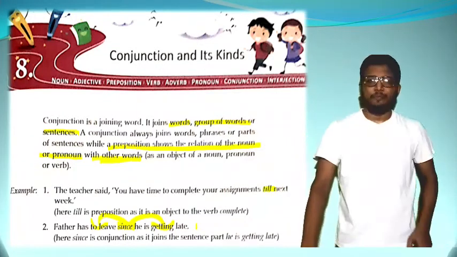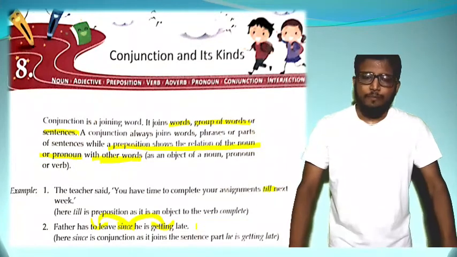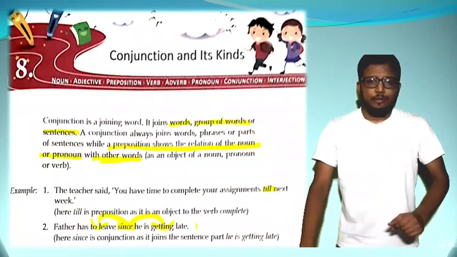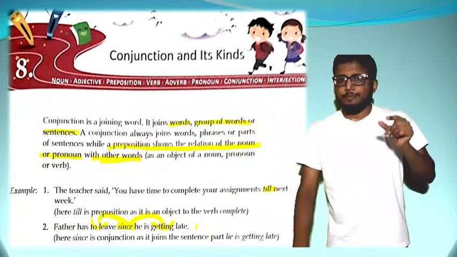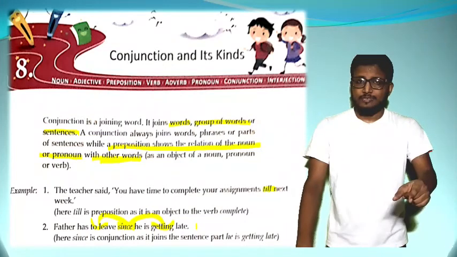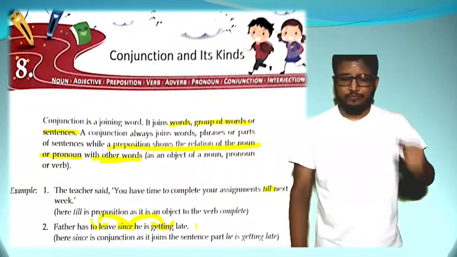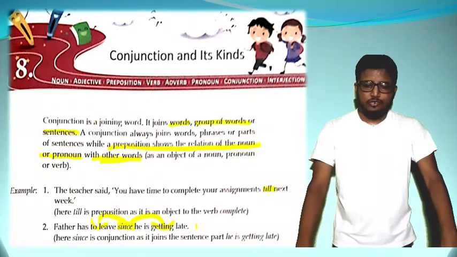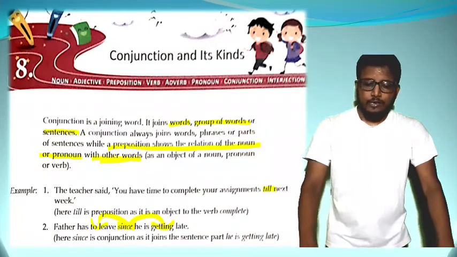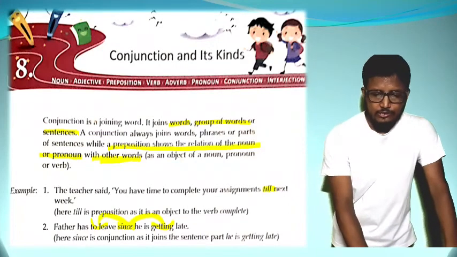In this particular example number 2 it is working as a type of conjunction, as it joins the sentence part, he is getting late. Okay, so now let's go for the next.